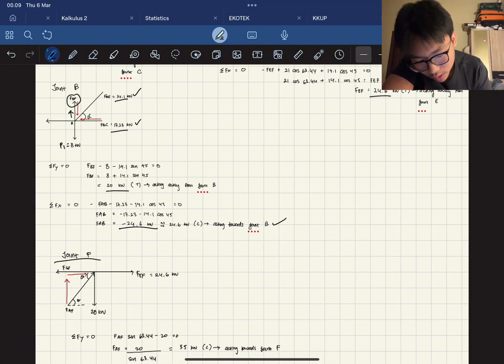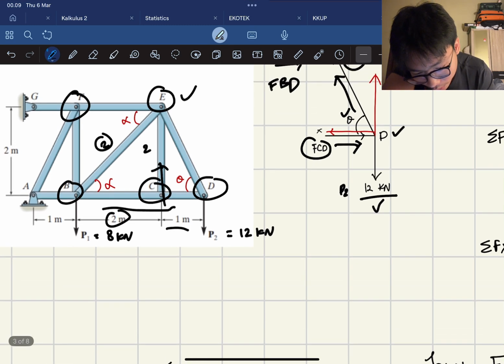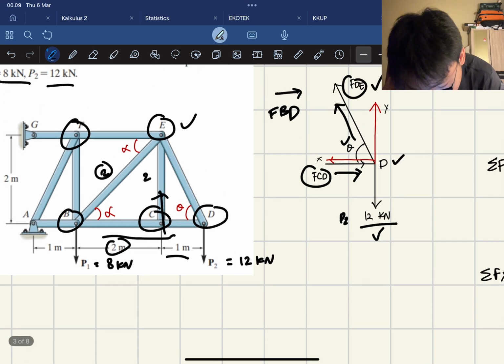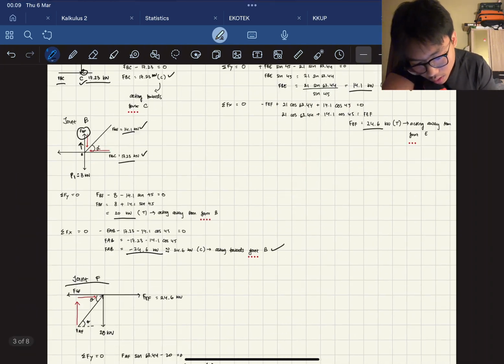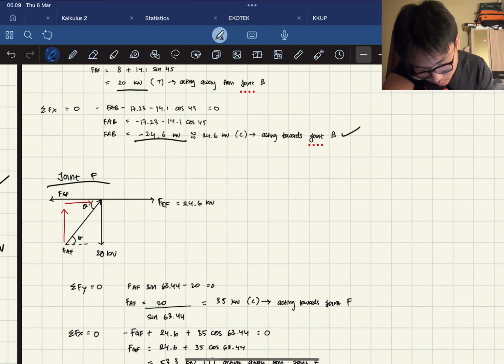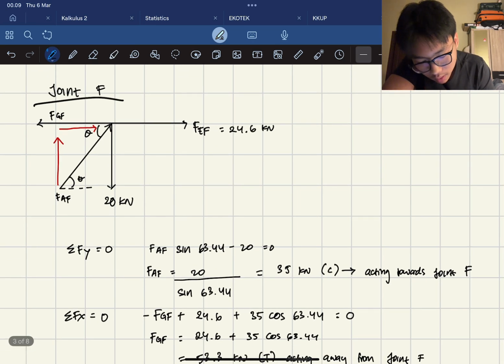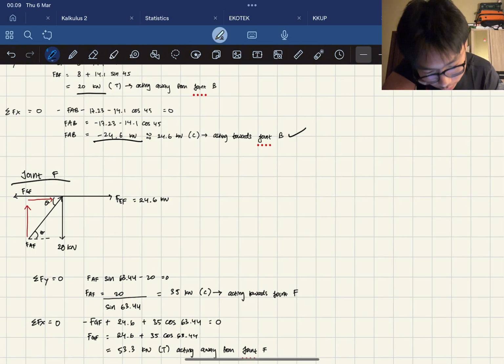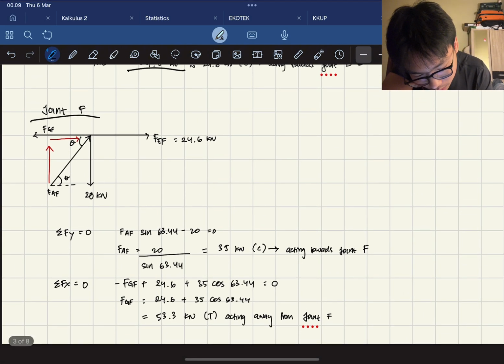And for the last joint F, we can get the free body diagram from the image here. There will be an angle theta here, and the value of FEF, which we got before, is 24.6.